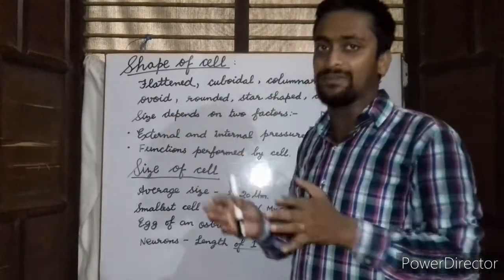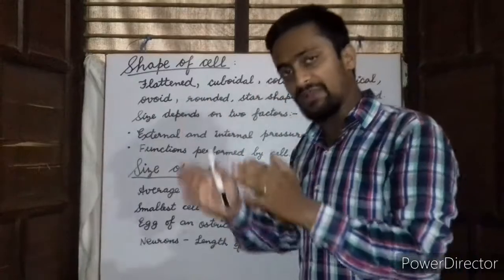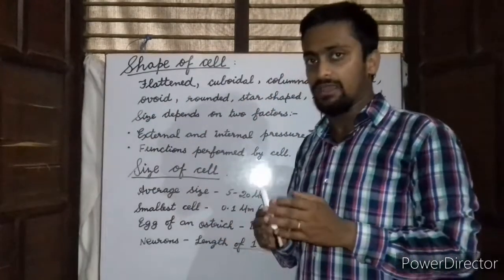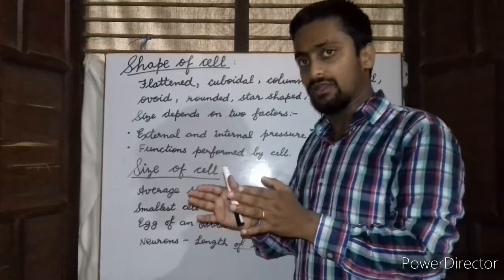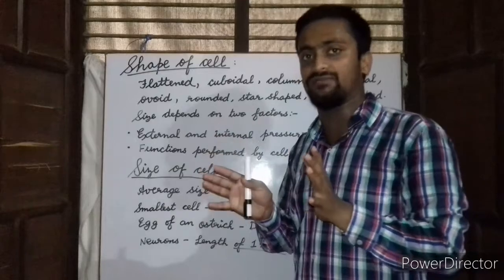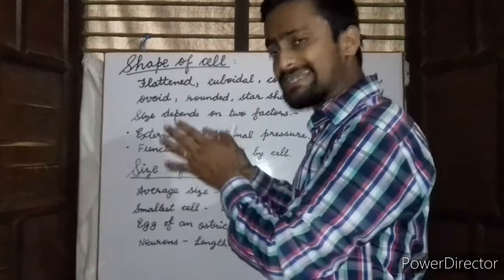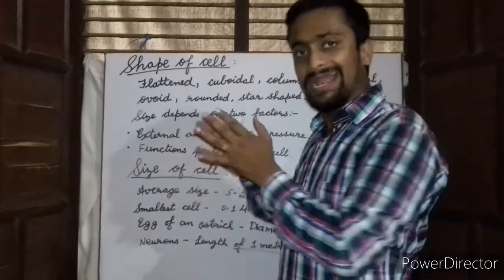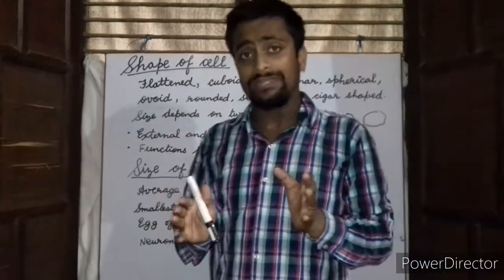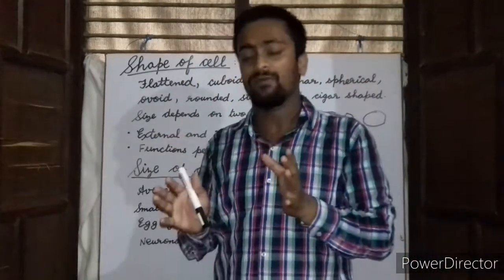First is the external pressure, which is the pressure exerted on the cell from the outside, and the internal pressure, the pressure exerted by the cell from the inside of the cell. So first is the external and internal pressure, and the other is the function of the cell. These two factors greatly determine the shape of the cell.